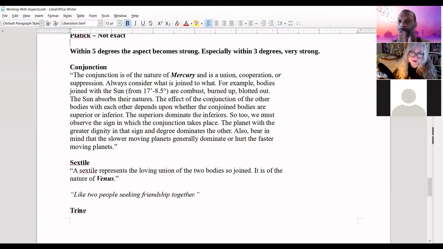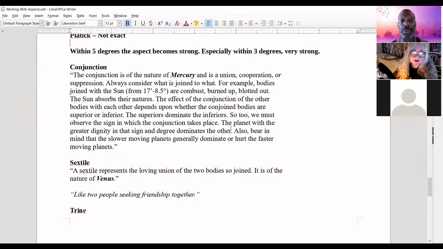So the three things that I think are really important about what he's saying are, first, that the conjunction is a union, cooperation, or suppression. Super important. The other thing he says is, we already know about combustion, but superior or slower planets can dominate inferior planets.